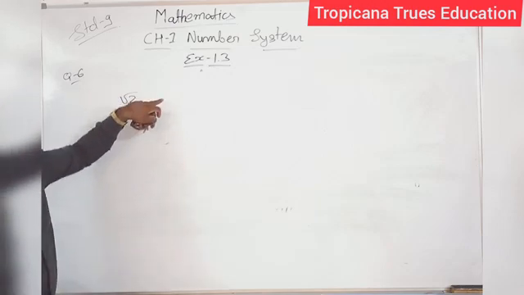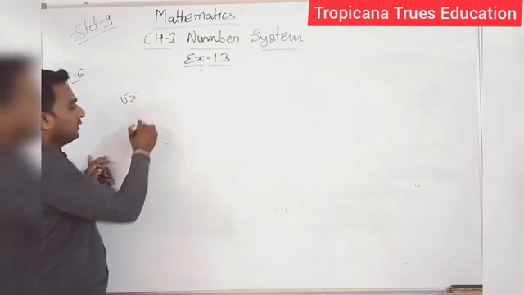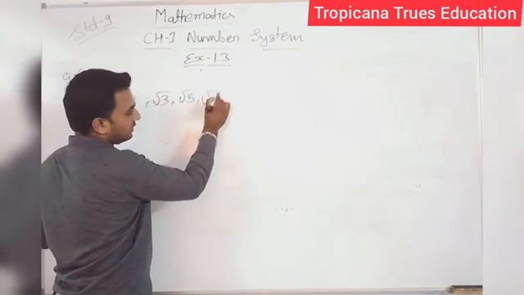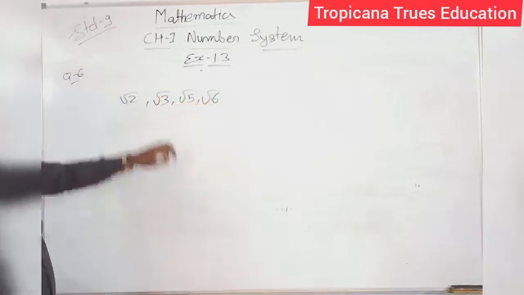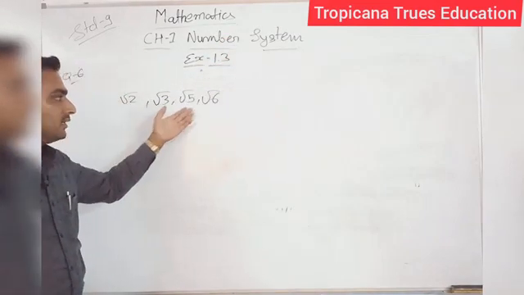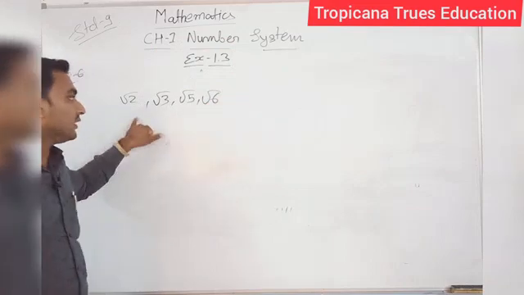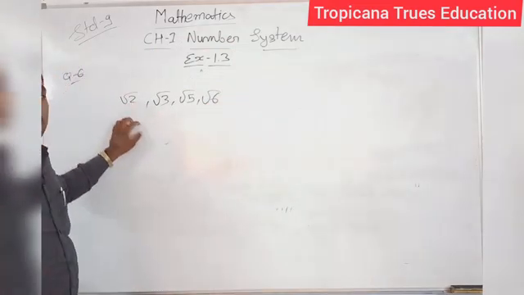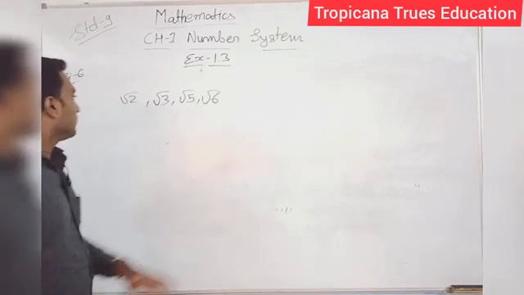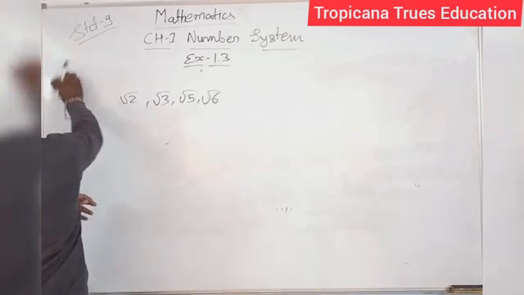Root 2, root 3, root 5, root 6 are irrational numbers. So when the question is to write 3 or 4 or 5 irrational numbers, you have to write like this. Also you have to mention that in the square root you should never take a perfect square number. Clear? This is your question number 7.